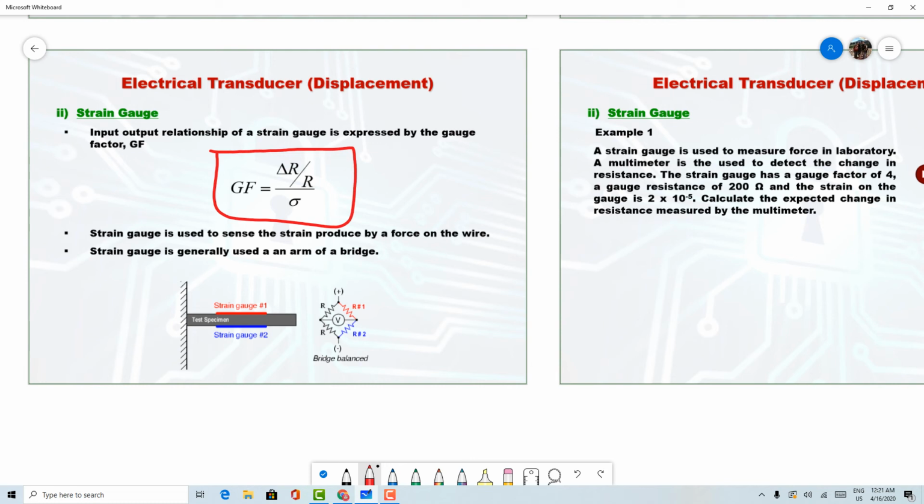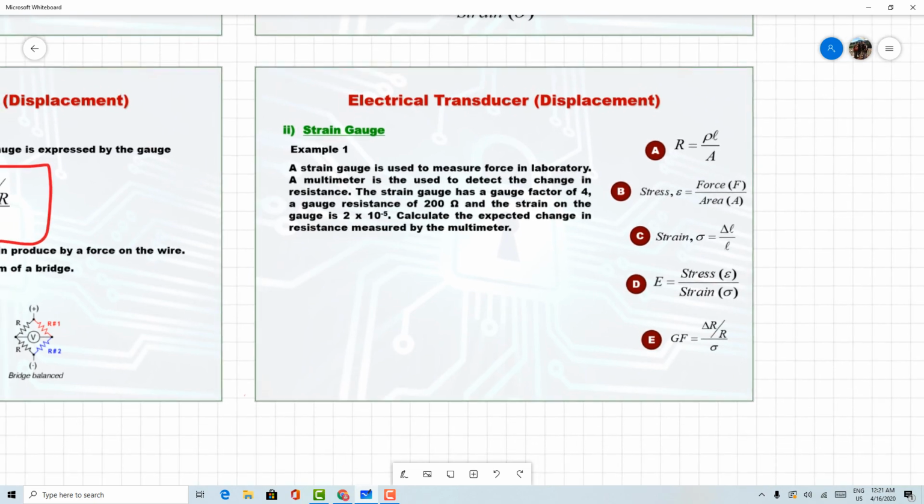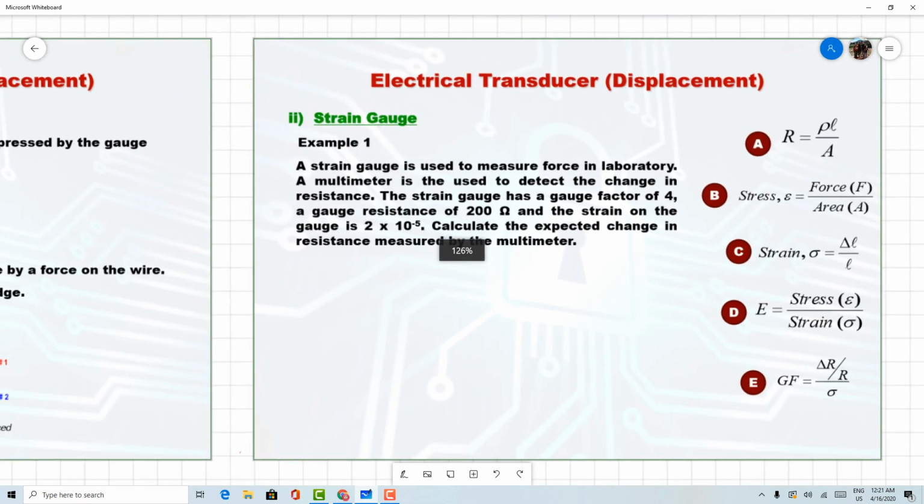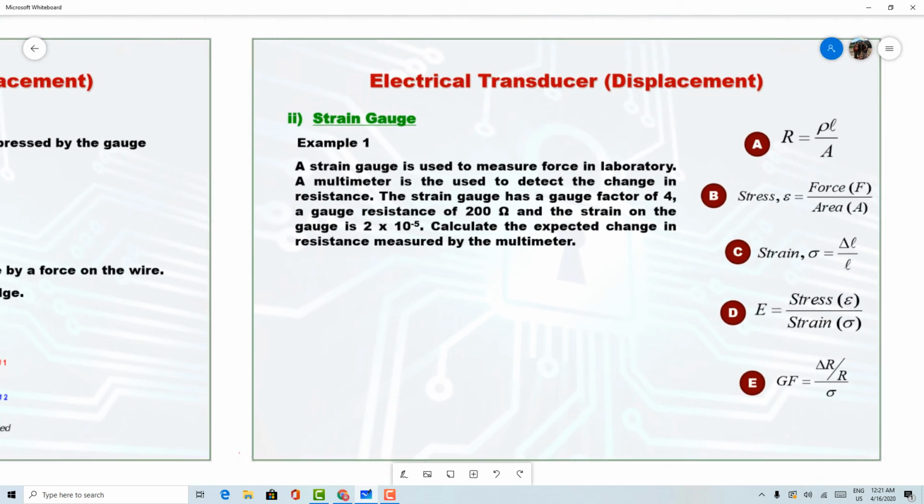Now, let's try the first example. Example one: a strain gauge is used to measure force in a lab, and a multimeter is used to detect the change in resistance.